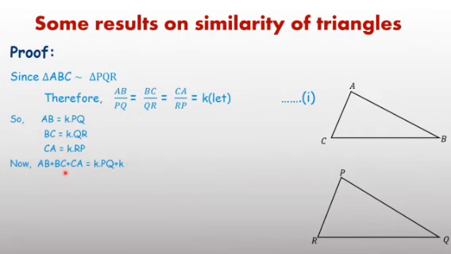Now, just calculate the perimeter. AB plus BC plus CA equal to K times PQ plus K times QR plus K times RP. K common, PQ plus QR plus RP.